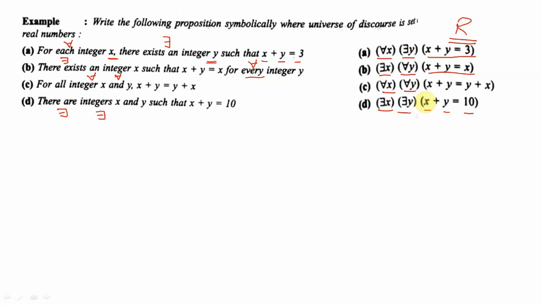What we are doing here is literally converting an informal statement into a formal statement. The truth value of that statement can be true or false, it does not make any difference.